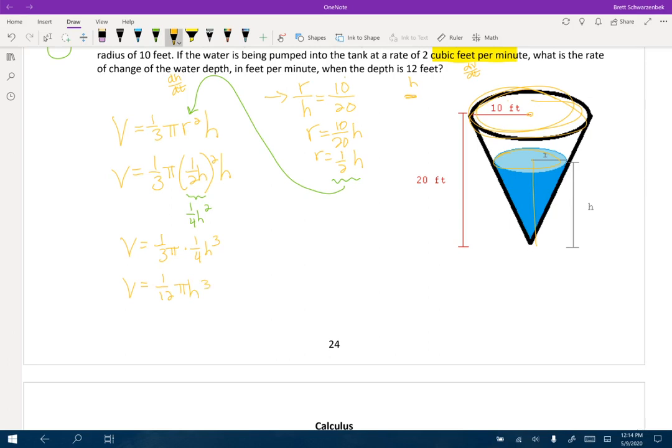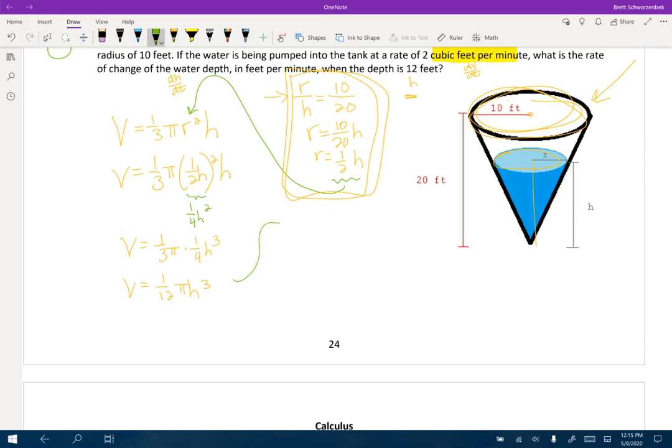So this is actually the volume of this cone, 1/12 pi h cubed. And we did so by using this nice similar triangle proportion formula and then changing it into one variable. Okay, once we have this, we can then go ahead and do our derivative work.